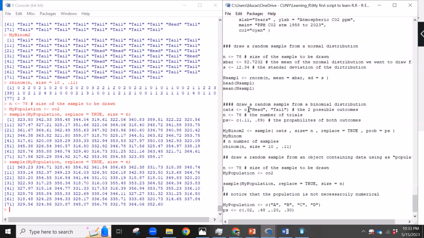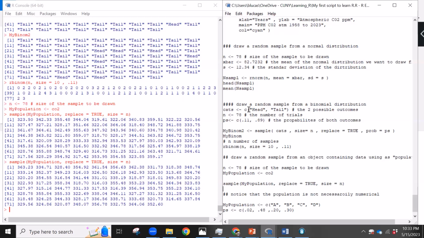individuals from the object that I call my population, each of the measurements that are there, all have the same probability to be drawn. That's why we want to have replace equal true sometimes, because we want to be able to draw each of the individuals of the sample independently from the one before.